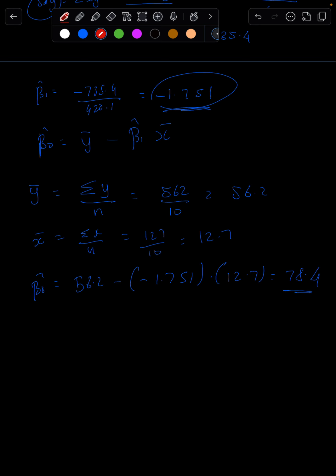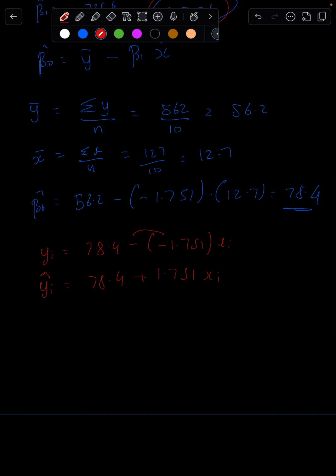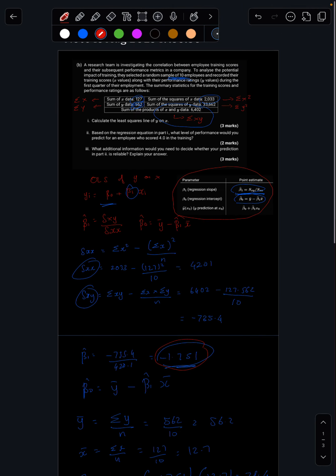We've got our line of least squares: 78.4 plus minus 1.751 xi, but let's simplify it. It's going to be plus, because minus times minus 1.751 xi. There we go. Actually, remember to draw the hat here, because it's going to be the predicted value. Okay, that's the first question solved.